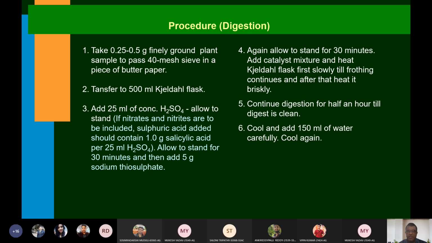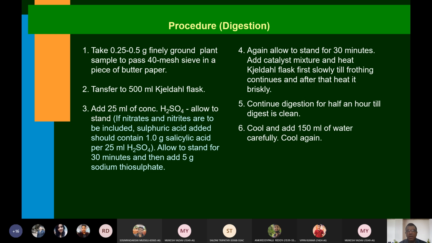Means you added sulfuric acid, then for 30 minutes you waited, and after that you can start heating it. You can digest it, and it may take approximately 1 hour. And then you cool it down and add 150 ml of water carefully. So after cooling, you can add 150 ml of water.